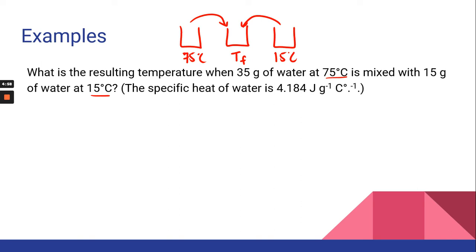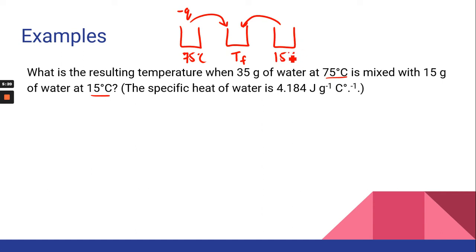And that's really because of the amount of water at each temperature. So we know that the final temperature is going to be the same for both. The other thing we know, though, is that the higher temperature water is going to have to lose heat, so it would have a negative Q value.